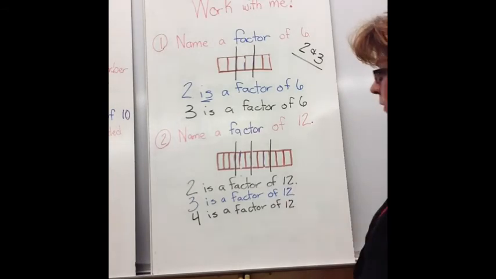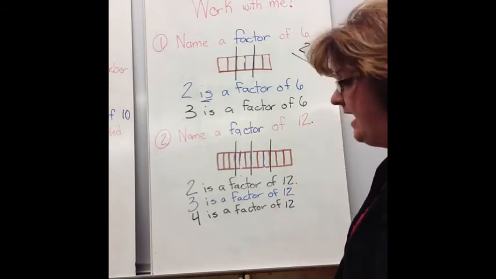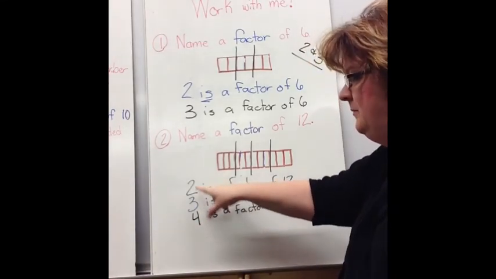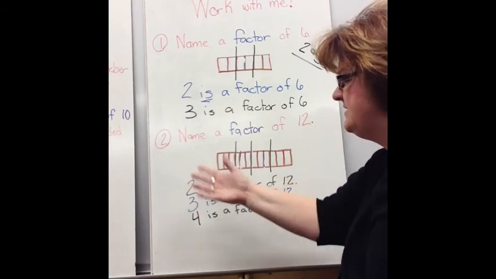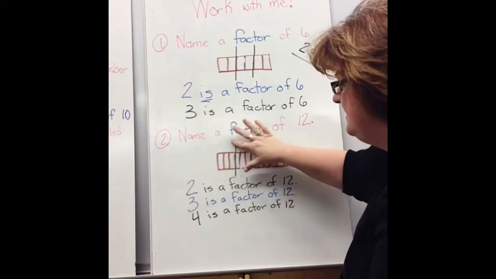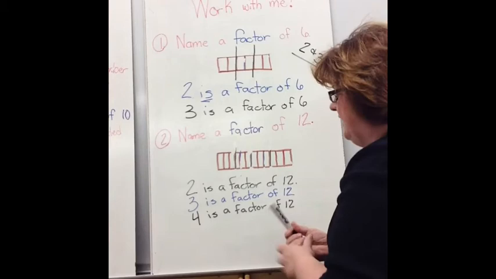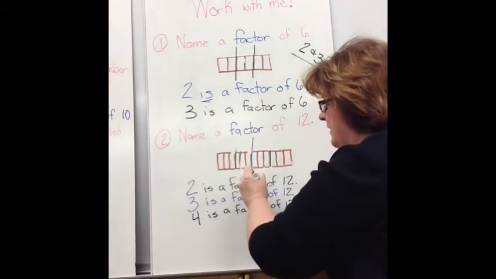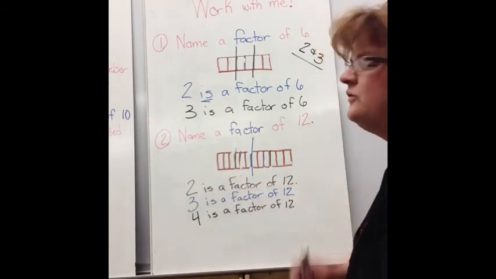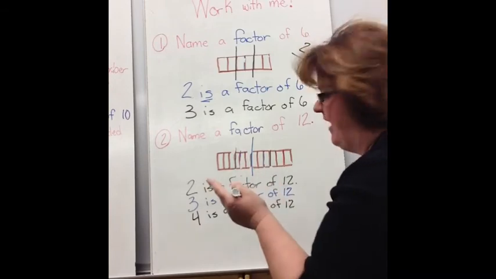I wonder if there's any other ways that I can do this. Now, using what I know about multiplication, I know that 3 times 4 is 12. 4 times 3 is 12. But then I have this 2 here. 2 times something is 12. When I broke that candy bar into 2 pieces, I broke it right here, and that was 6 and 6. So that means that 2 times 6 is 12. So I wonder if I could break it into 6 equal parts of 2, because that's a turnaround fact.